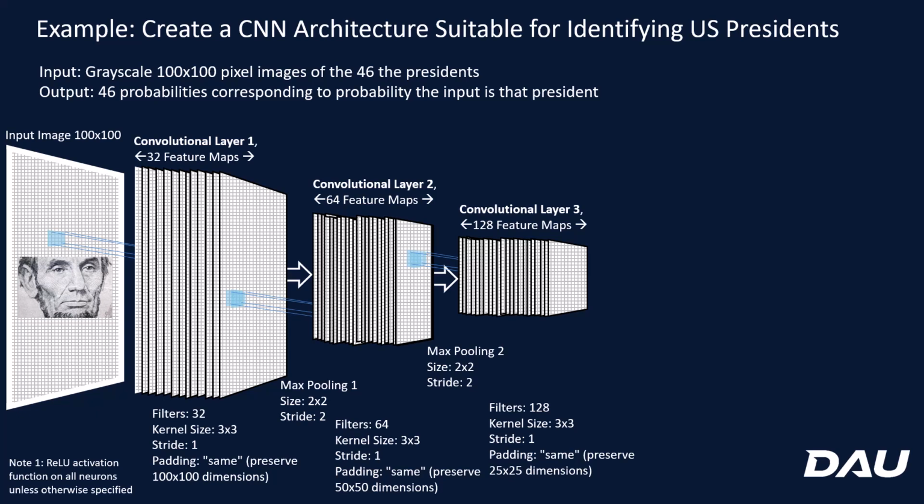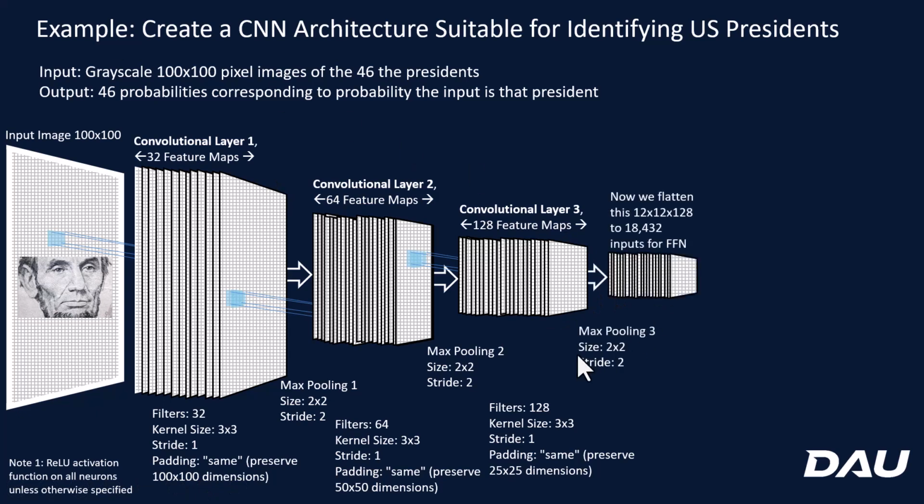But again, we're going to increase the number of filters. We're going to go to 128 filters, from 64 to 128 filters. And you see those stacking up there. All right, then after that, we're going to max pool again, 2 by 2. We're going to take it down yet again to 12 by 12. And now we're pretty much done with the convolution. That should be plenty to do 46 presidents. Might be a little bit overkill, actually.